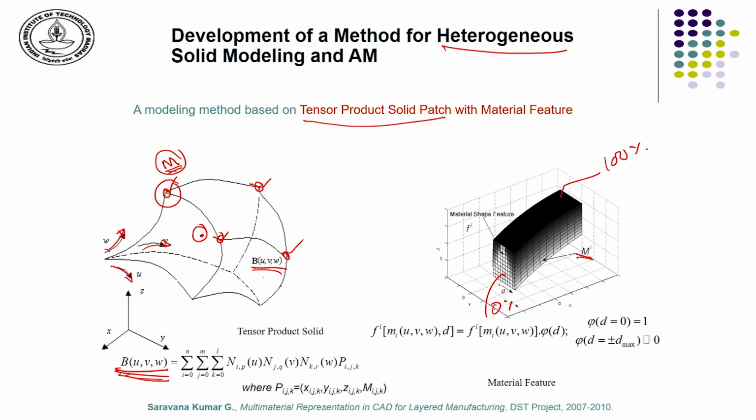So, one can think of modeling a varying porosity object or varying density object using this approach. The same modeling approach can also model varying alloy composition, because if I choose this M to represent the concentration of a specific alloying element, then one can think of this modeling framework to model varying alloying composition in the given domain.